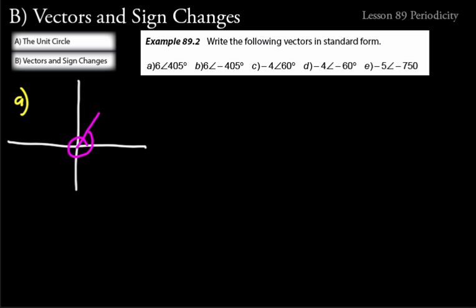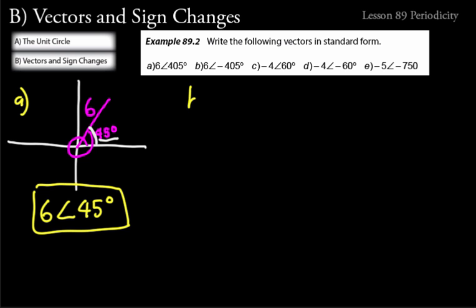That would be positive 45 degrees, the simplest way to write that. And then our magnitude is 6. So we have that coterminal angle equal to 45 degrees, and we'd write this result as 6 angle 45 degrees. That's the simplified form there.